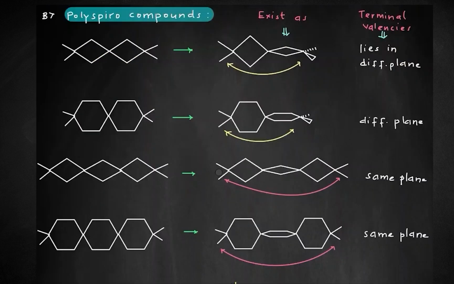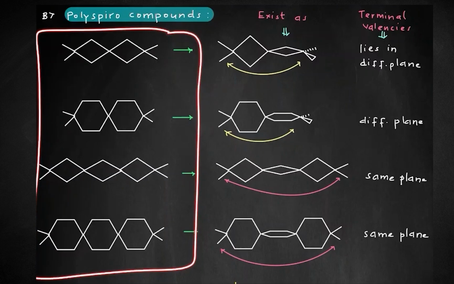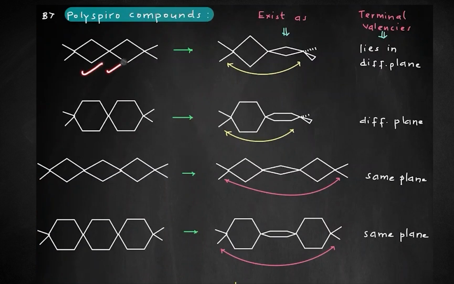So here you can see, first of all, the 2D representation of this compound, and all these compounds have continuous rings, maybe 4 carbon, 5 carbon or 6 carbon. So all these compounds are called polyspiro compounds or spiro compounds. In reality they don't exist like this, they exist like this. These two rings are perpendicular to each other. Why?